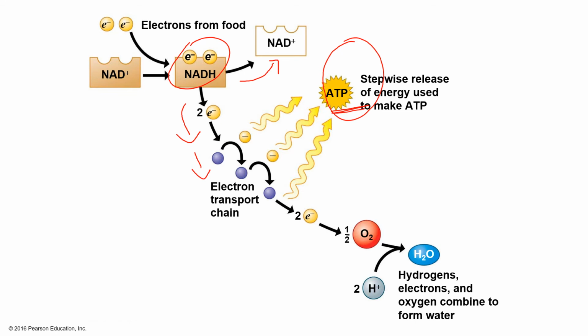And then at the end, oxygen is going to be around because, as I said, the electron transport chain needs oxygen. Those oxygens are going to combine with the electrons and with a bunch of hydrogens, and collectively, we're going to make the water that we are going to exhale out.